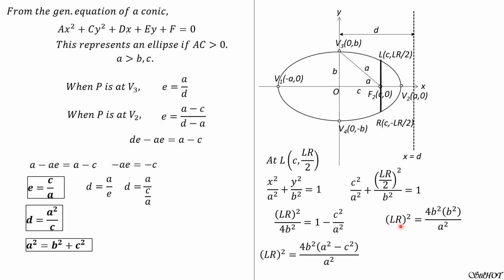Extracting the roots, we have LR equals 2b squared over a. So the length of the latus rectum of an ellipse is 2b squared over a. So I hope you can remember that, derive it on your own so that you can easily memorize the length of the latus rectum.